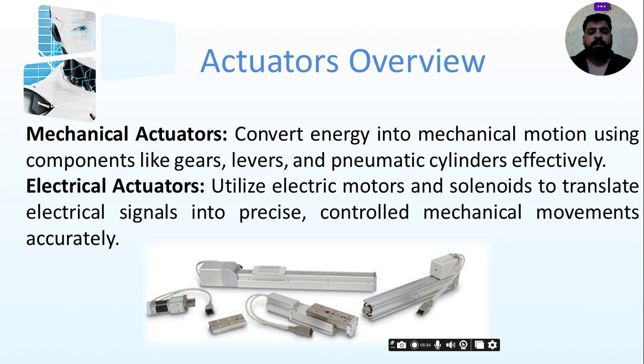They can be divided into two kinds of actuators: the mechanical actuators that convert energy into mechanical motion using components like gears, and the electrical actuators that utilize electrical motors, changing the electrical signal into precise control of the mechanical system.